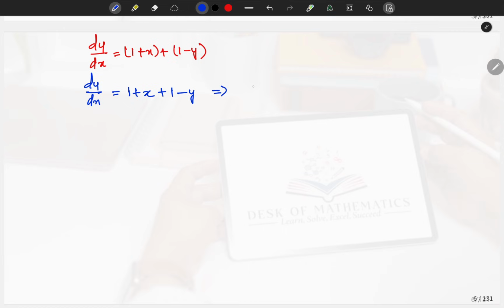First you have to check which type you can make it. So you can write it as dy upon dx, taking the minus y to the LHS, so it will be plus y is equal to 2 plus x.